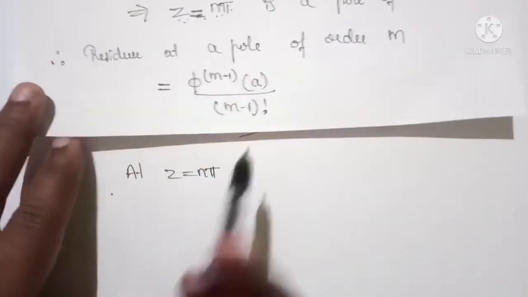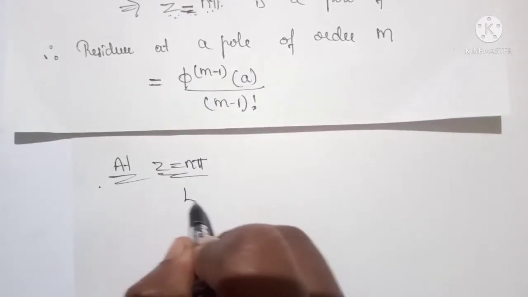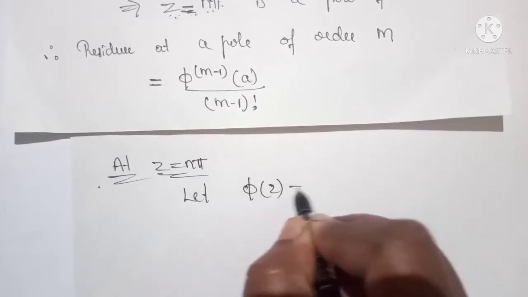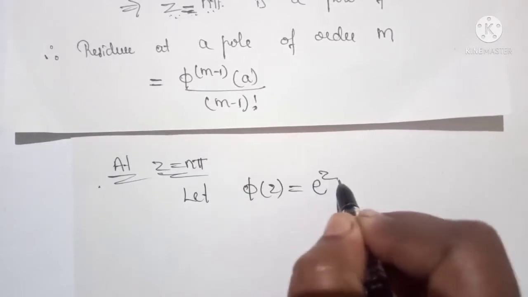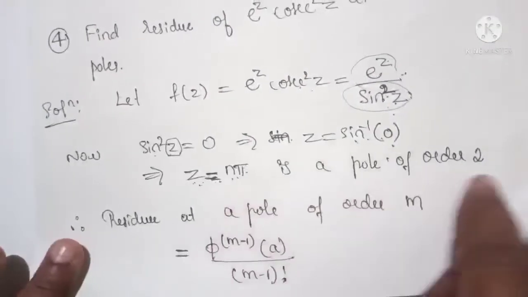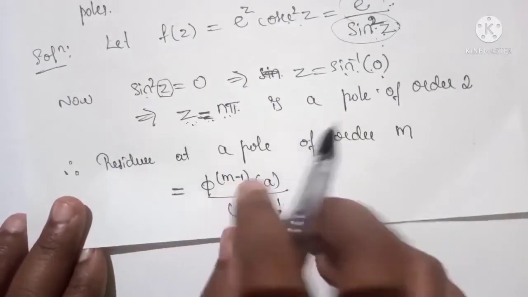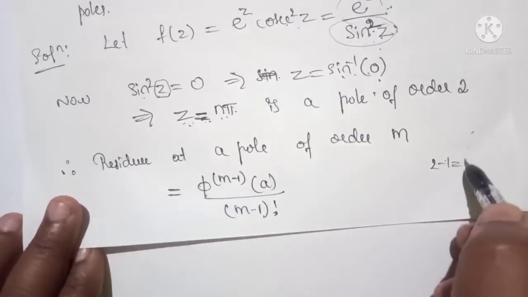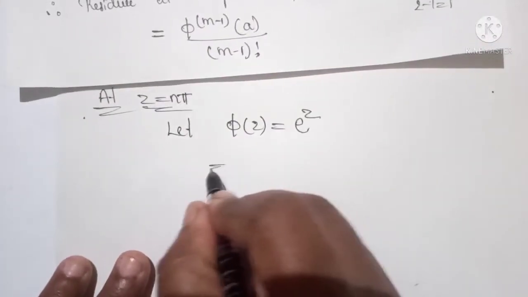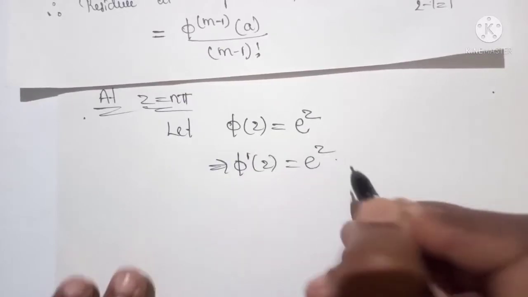So let phi of z equal e raised to z, because it is a pole of order 2, so here we get 2 minus 1 equals 1. We need only one time differentiation. Differentiating this one, phi dash of z again we get e raised to z only.